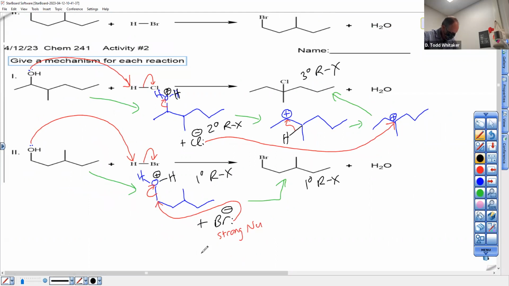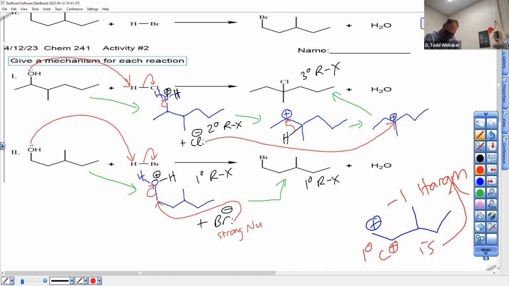Yes, sir. You are not allowed to make a cation that looks like this unless you enjoy getting comments like this. I'll even add this word. Yeah, primary carbocation is, no, it's, in German, verboten.